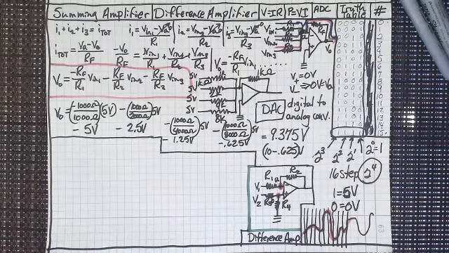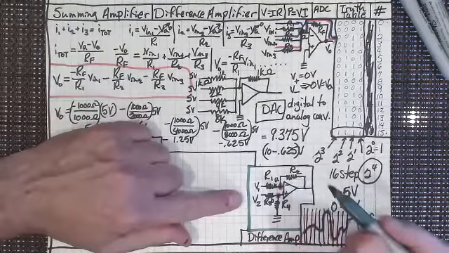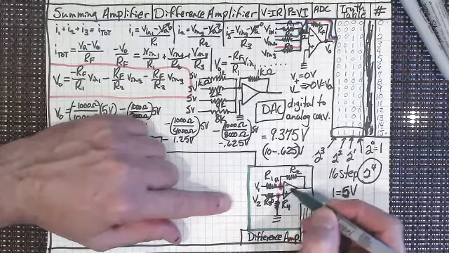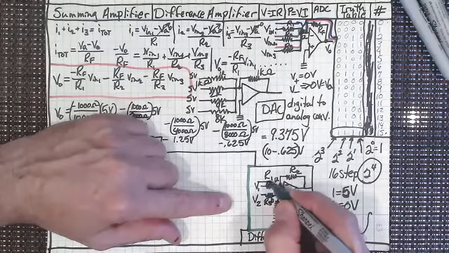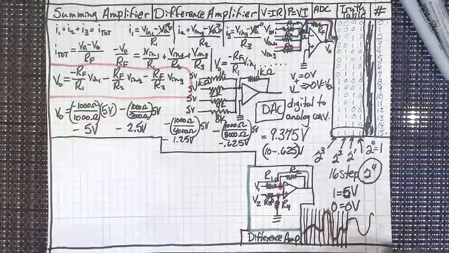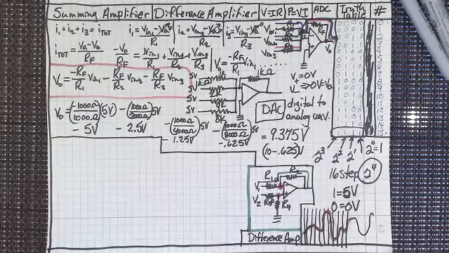I'm going to point out the same thing that we did before. There's no current flowing into the op amp, right? So all of the current that's coming through here is going to flow through that feedback resistor and to the output. Does everybody see that?